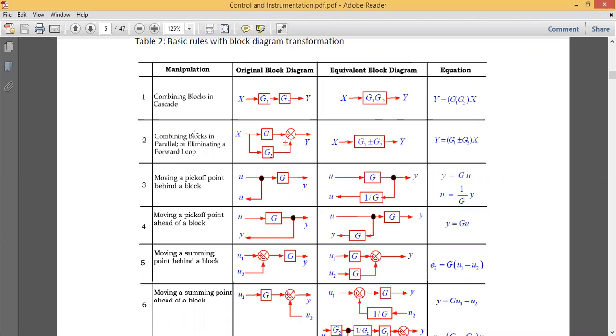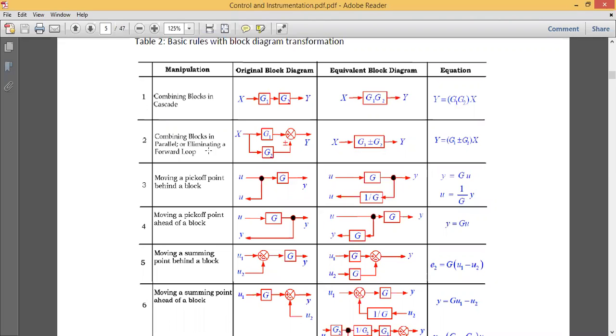Next, blocks in parallel, or simply eliminating a forward loop. There are two names shown in this manipulation: blocks in parallel, or eliminating the forward loop, not backward. The backward represents a kind of feedback, but when it is forward, it is again a kind of reduction.